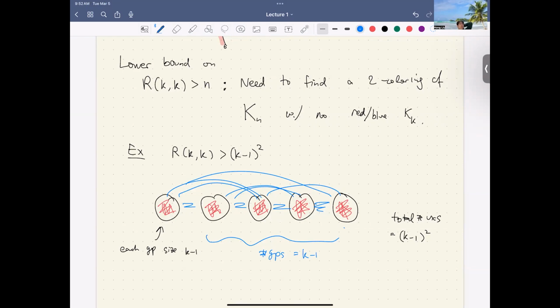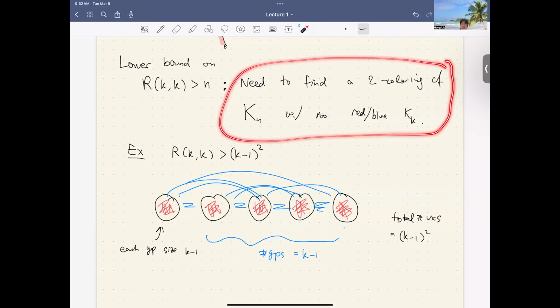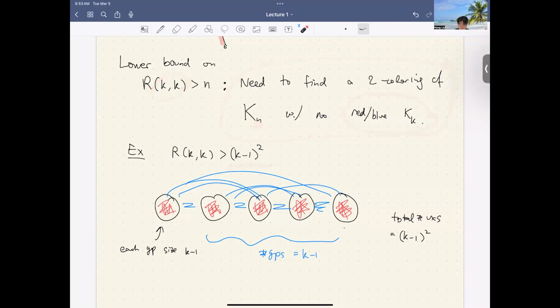But if you use the probabilistic method, we can do much better than explicit construction. To end this lecture, we're going to see an application of the probabilistic method to prove lower bounds on Ramsey numbers. Namely, we're going to give a construction of a two-edge coloring of the complete graph on n vertices, where n is exponential in K, much, much larger than K squared, without a monochromatic K_K.